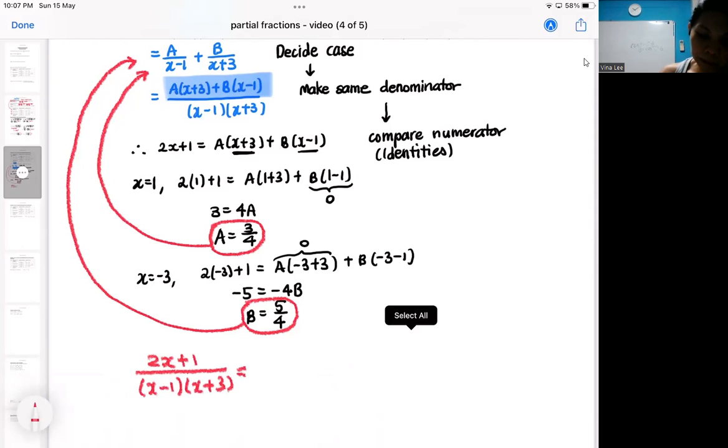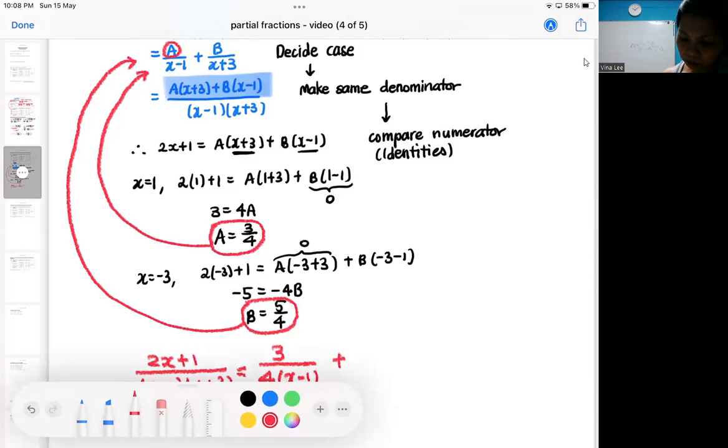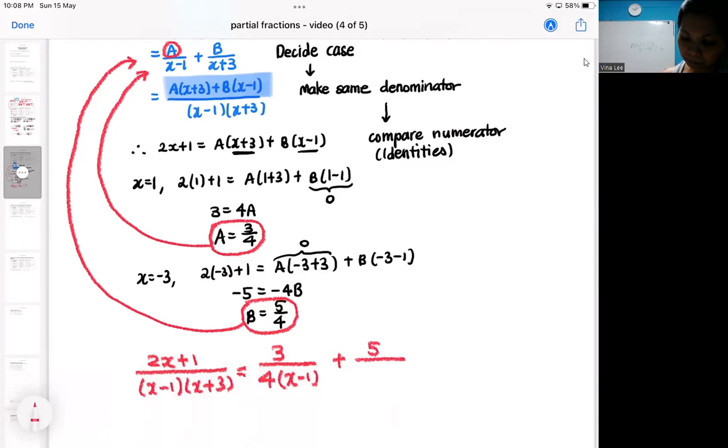When you put it back, that's a fraction. We usually organize it in this format. Otherwise, a fraction in a fraction looks a bit messy.